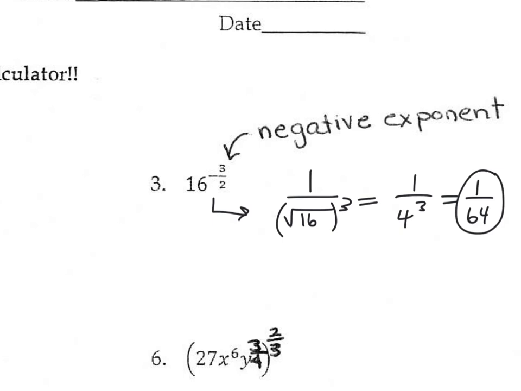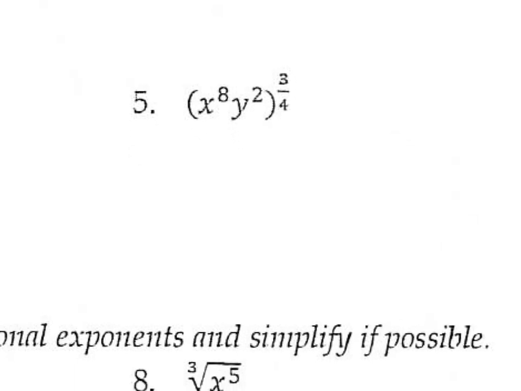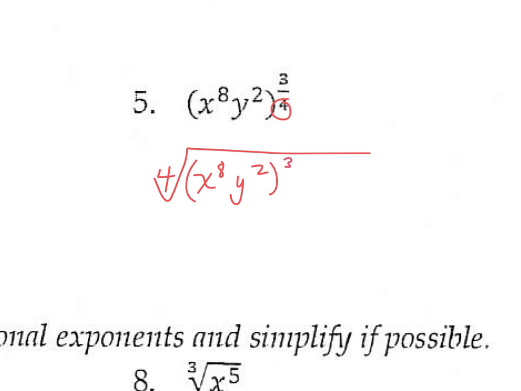Let's move on to number 5. So here they want us to rewrite this as a radical first. So we're going to take our index, our denominator. This will be a fourth root. And then everything inside, x to the eighth, y to the second, is being raised to the third power.